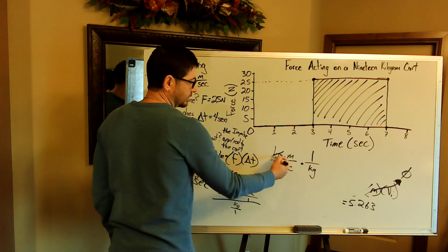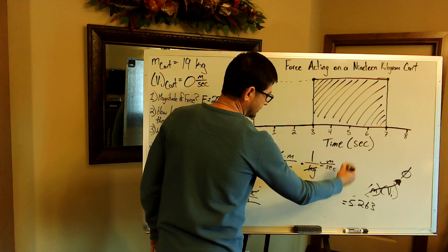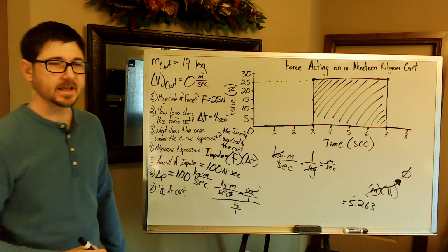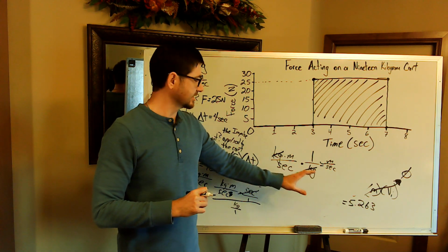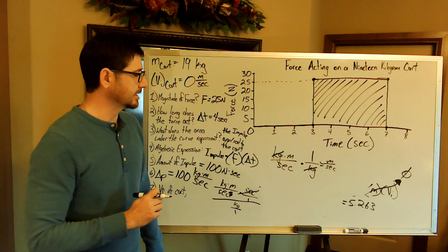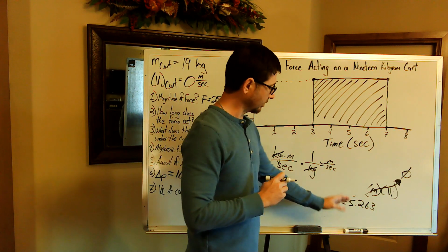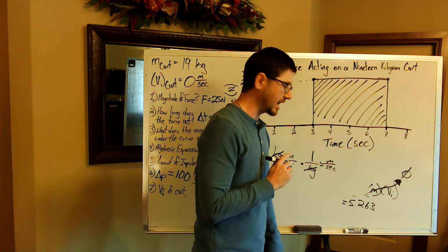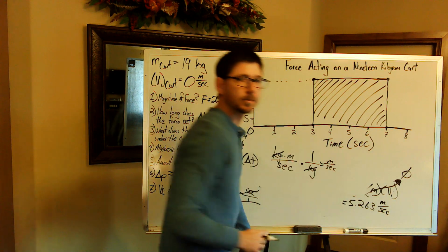You can see that our units of kilograms will cancel, and our unit comes out to be meters per second. And we know that we're doing something correct here because in the metric system, the base unit for velocity is meters per second. So our final velocity of the cart is 5.263 meters per second.